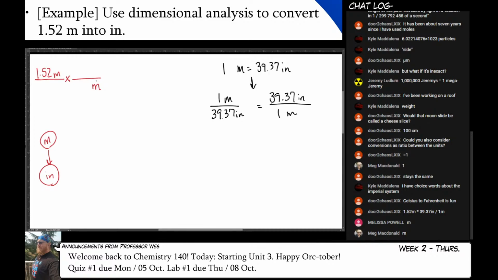And since our conversion turns meters to inches, we're going to put the inches up here. Once we have canceled out our units, the units that will be left over will be inches. So in other words, we're determining the orientation of the conversion factor by setting up the units.